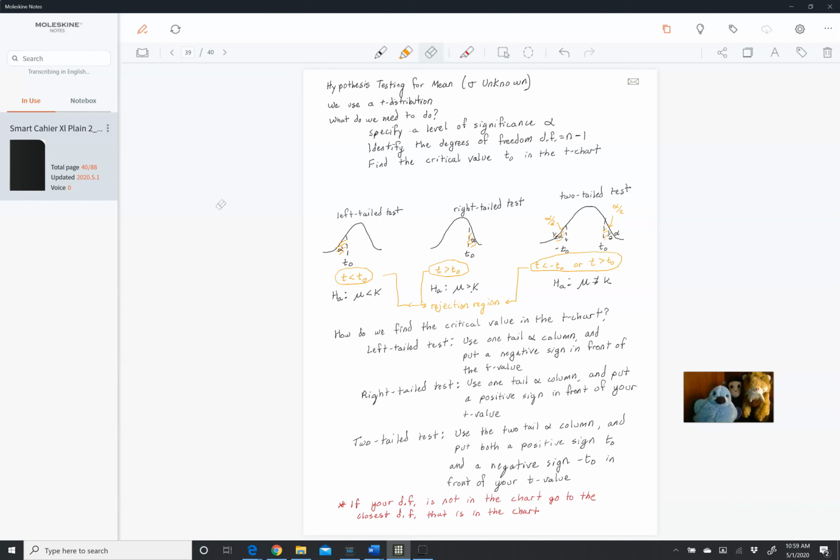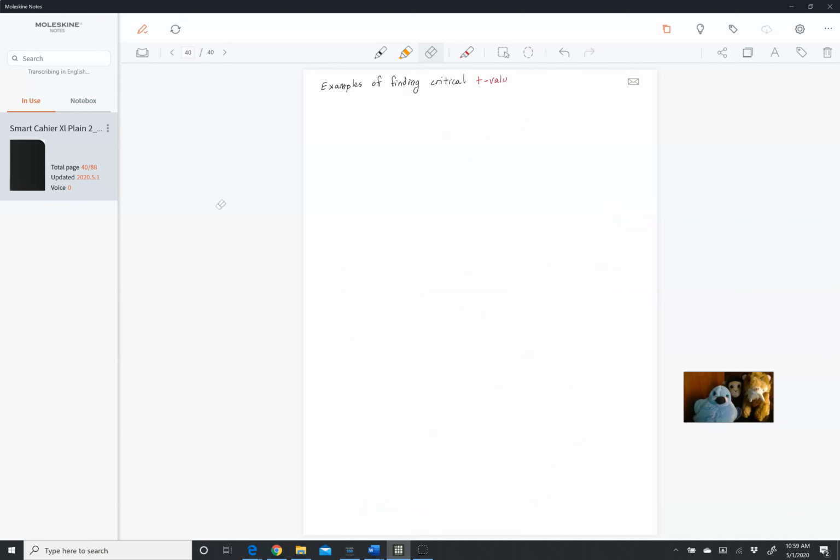So here, we're doing examples of finding critical t-values. We'll just do 3 of them because we're also going to be doing it when we do the t-tests.